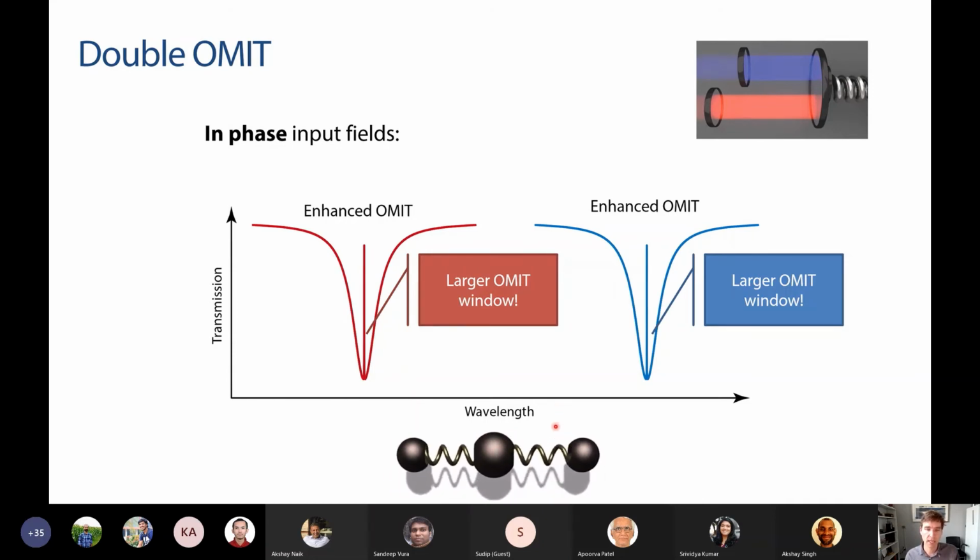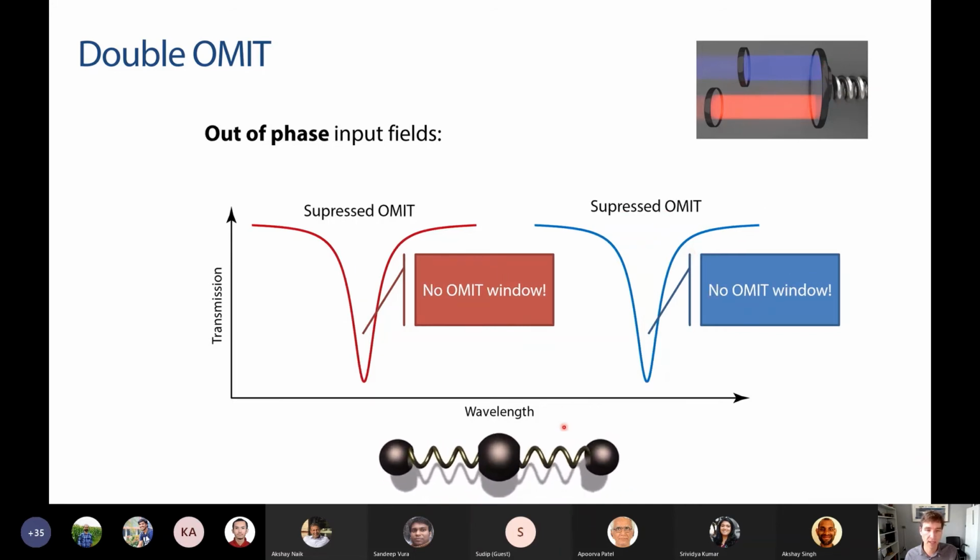Conversely, if they're driving this center mechanical resonator out of phase, there's actually a complete cancellation, and you can have no optomechanically induced transparency dip in your system. And this corresponds to there being no mechanical motion of your center resonator.